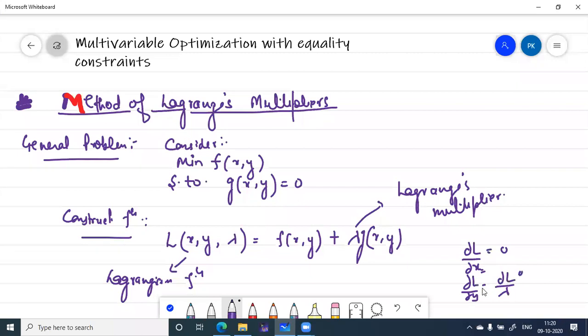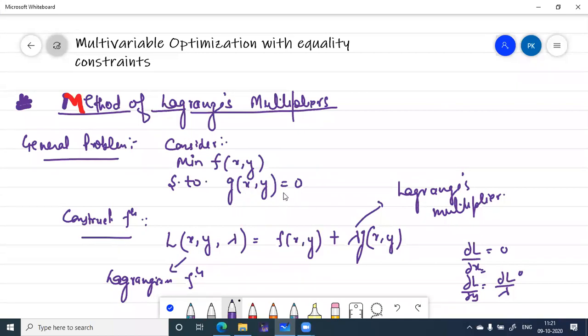With these three equations, we eliminate the parameter, find out the values of x, y, and z, whatever variables you have, substitute them in the given function and evaluate the minimum or the maximum. This is the case when one equality is given.